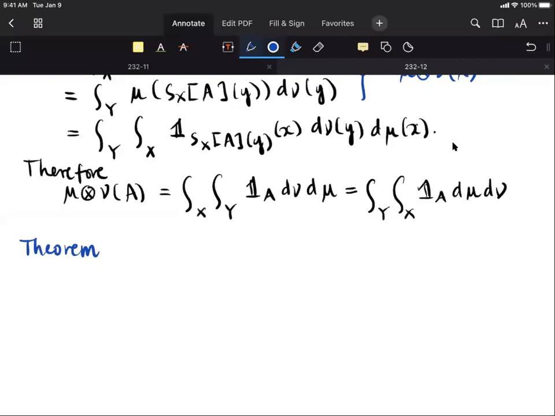So let us consider two sigma finite measure spaces.